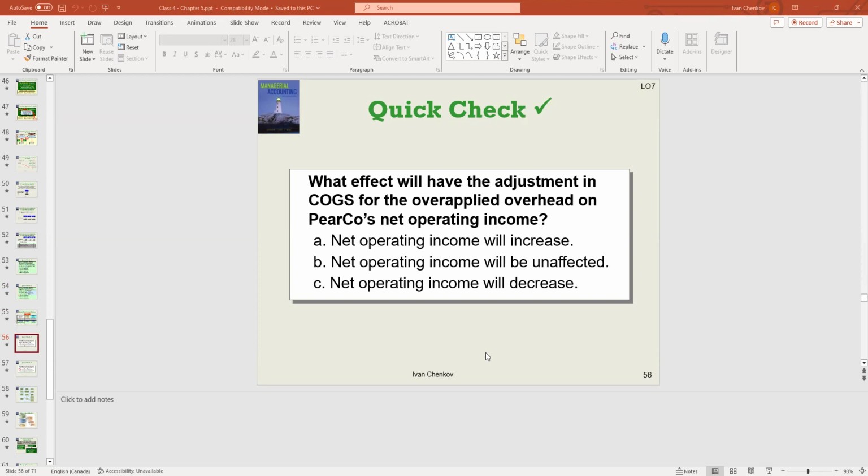So the question is, what effect will the adjustment in the cost of goods sold for the over-applied overhead have on the net operating income? That would be A, right?